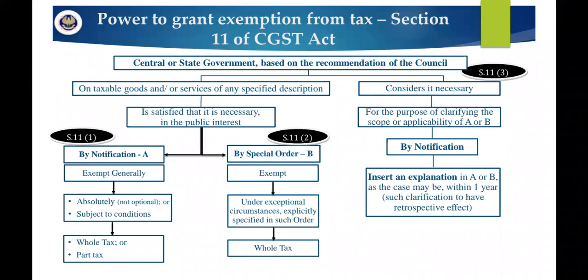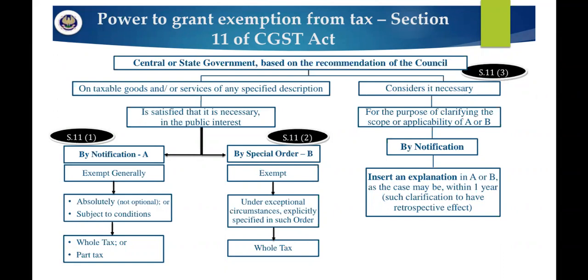Similarly, the second point, what the council has to recommend is when it considers it necessary. The tax department has to consider all the things which are submitted by the persons. It is necessary for the purpose of clearing the scope of applicability of A or B. Right?